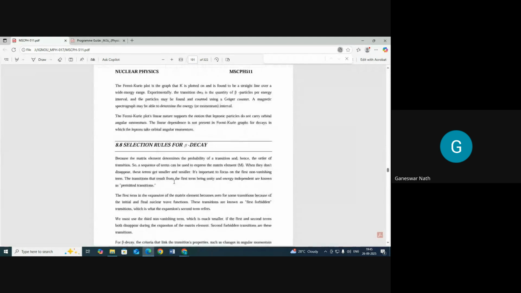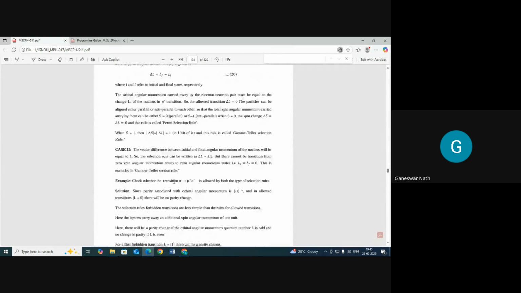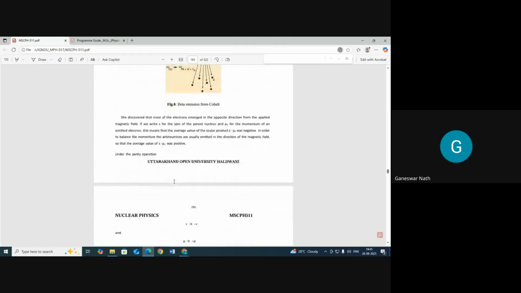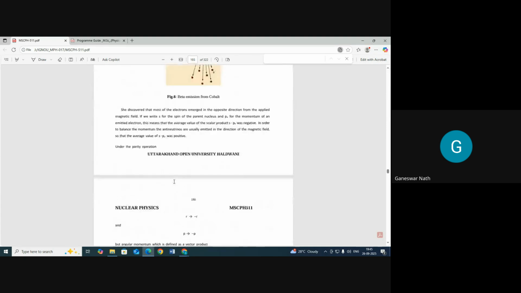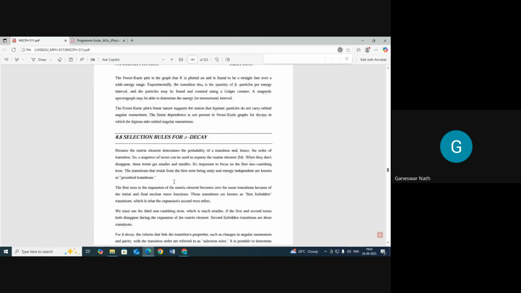Okay, then another important curve is there, that is called the Fermi-Curie plot.